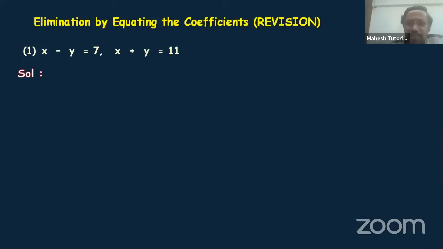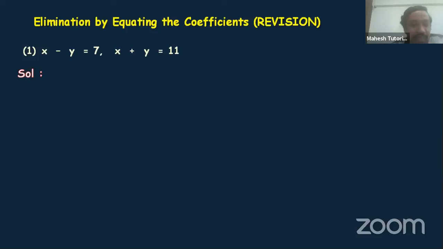Sir, now what do we mean by the basic form? Basic form means, students, alphabets on the left hand side and constants on the right hand side. Once again, I repeat, basic form means alphabets on the left hand side and constants on the right hand side.